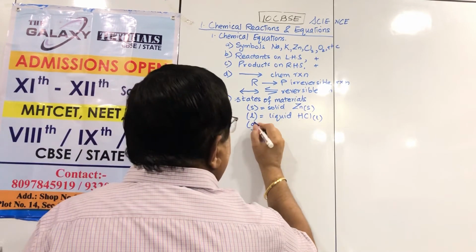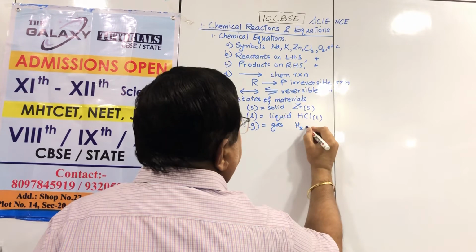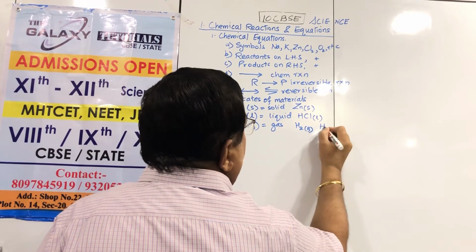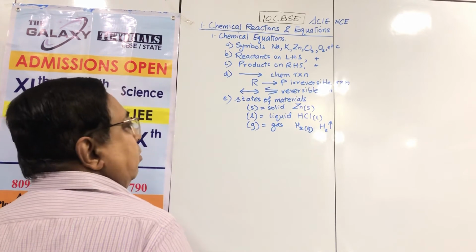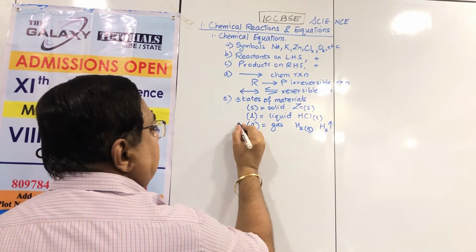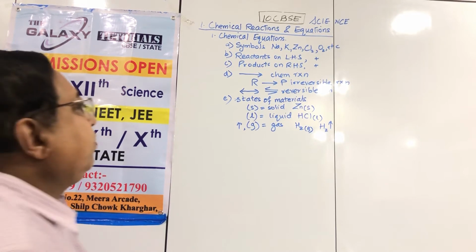G stands for gas. For example, hydrogen gas. Gas is also shown by an up arrow. Okay, so I'll put it here only. We write gas, and we mark an up arrow, because it will escape, it is lighter than air, so we'll have to collect it somehow.